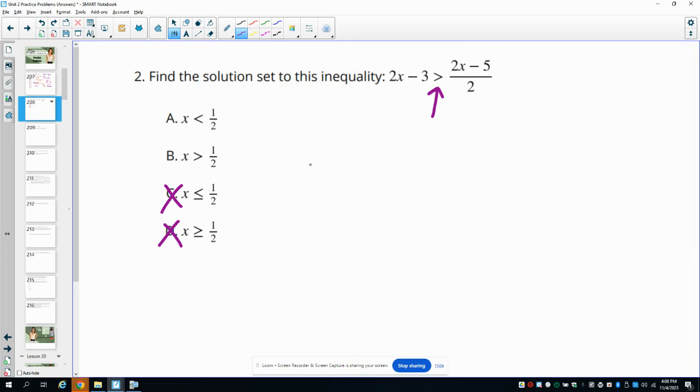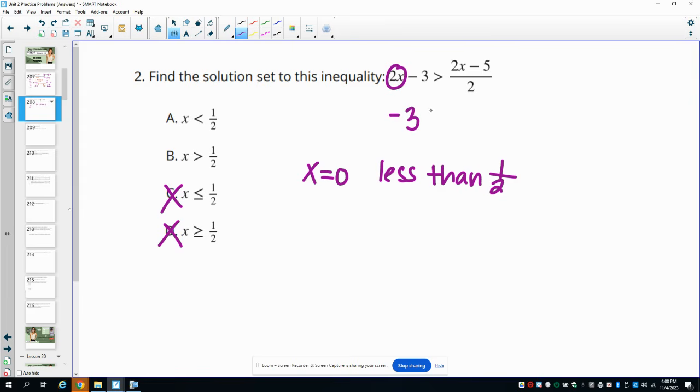So what I'm going to do is plug in 0, which is less than 1/2. So if this is a solution, then the numbers less than a half are our solution set. If this is false, then the numbers greater than are going to be our solution set. So let's plug in 0. So 2 times 0 is 0.